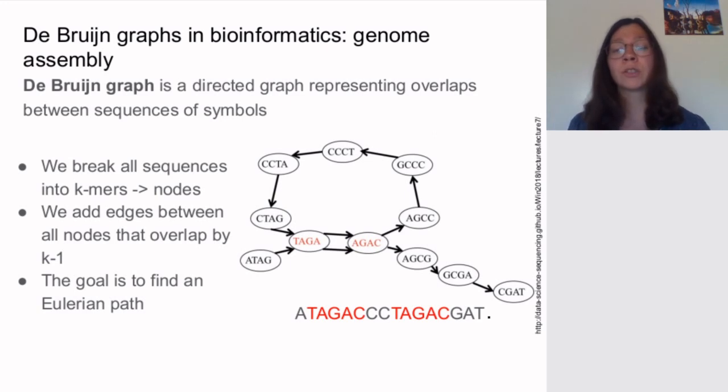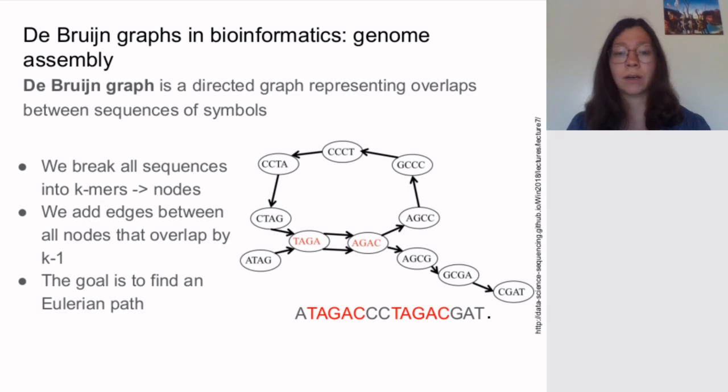So to simplify it, we try to find an Eulerian path in this graph. So we will arrive at a collection of long sequences that we can then use for any sort of genomic analysis we're interested in. So on the slide, you see a toy example.